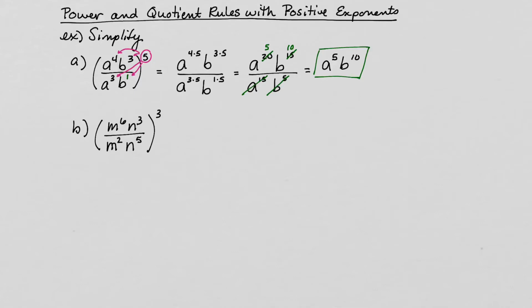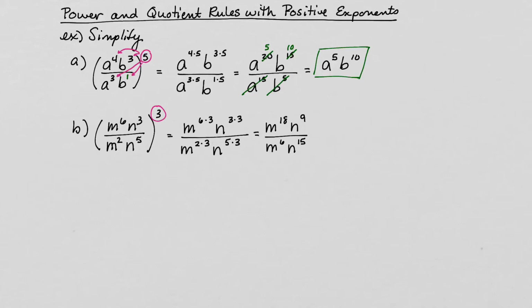Again, the first thing I'm going to do is distribute this 3. If I do that, we end up with m to the 6 times 3, n to the 3 times 3, divided by m to the 2 times 3, n to the 5 times 3. If I simplify that a little bit, I have m to the 18th, n to the 9th, divided by m to the 6th, n to the 15th.